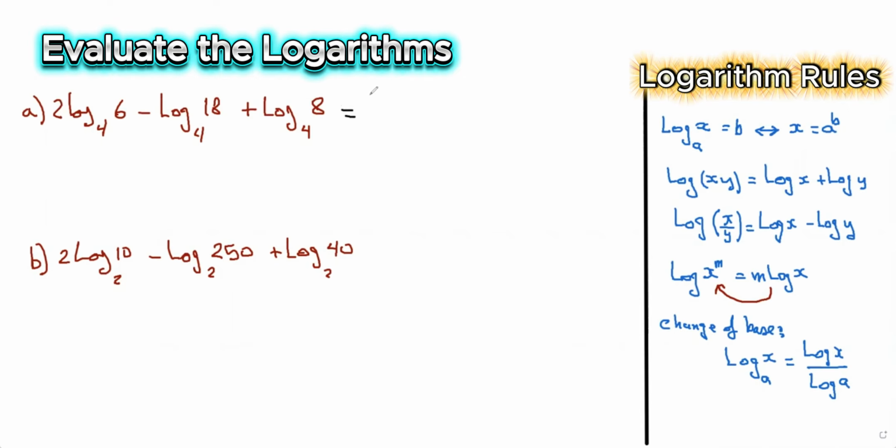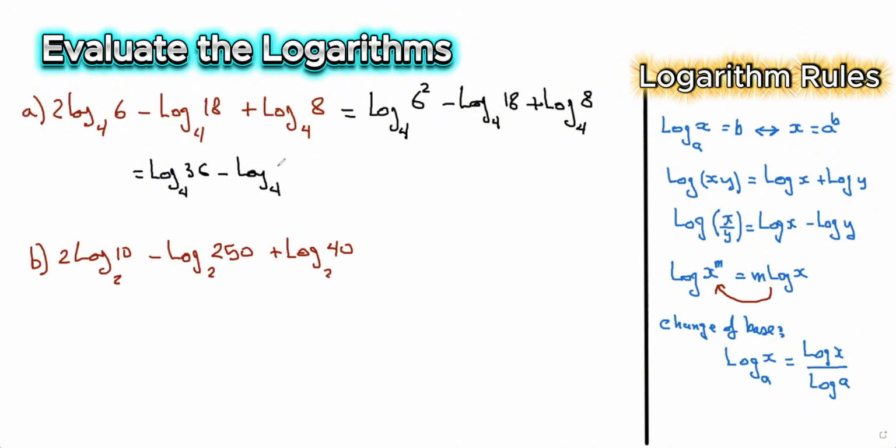So I have only 1 there, and that becomes log base 4 of 6 squared minus log base 4 of 18 plus log base 4 of 8, which gives me log base 4 of 36 minus log base 4 of 18 plus log base 4 of 8.